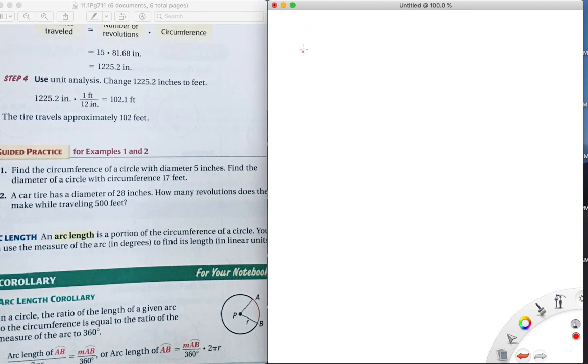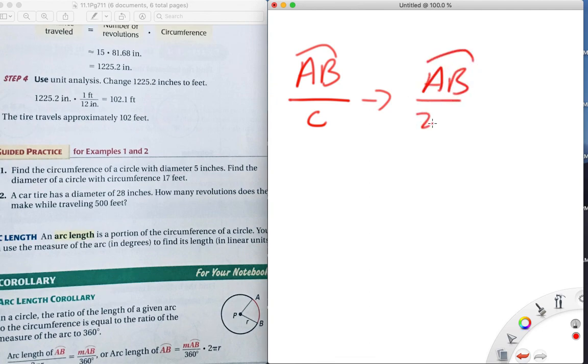In terms of the units over units, we can say that the arc length in units over the circumference, in this case the circumference would be either 2 pi r, or the circumference can be pi d. This arc length in the numerator is measured in units. This arc length in the denominator is measured in units. So that would be units over units.